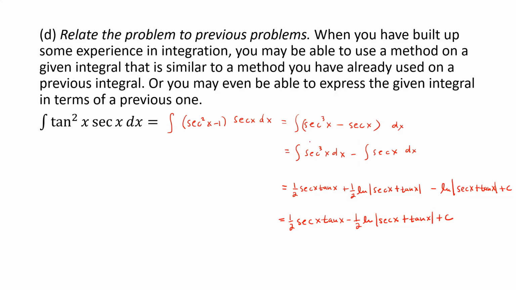So there we were using the experience that we had with secant cubed to save ourselves the hassle of having to do this one from scratch. You can see the notes from section 7.2 to see how we got the integral of secant cubed.